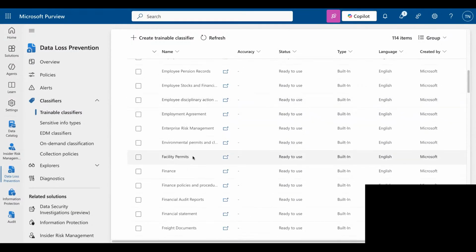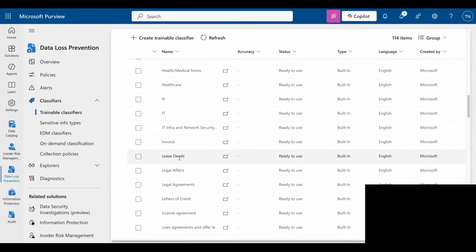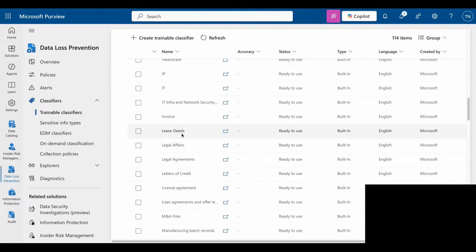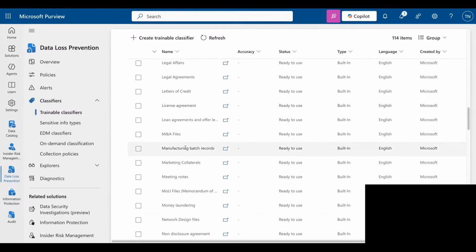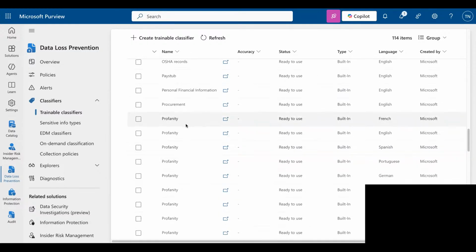Let me see if I can find something about the legal affairs, legal deeds. There's even profanity. The other day in the company, two guys were just swearing at each other using emails, and our DLP system was able to pick that up based on the words they were using.